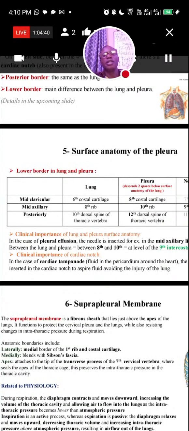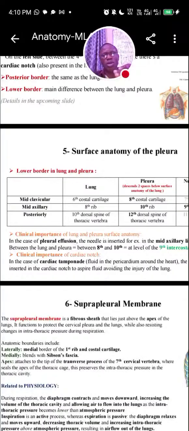Okay, this is beautiful. Long 1 hour on this concept. Cardiac tamponade. What's cardiac tamponade? It is fluid in the pericardium of the heart.